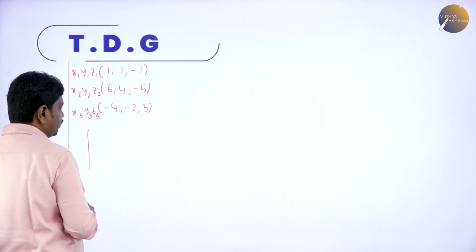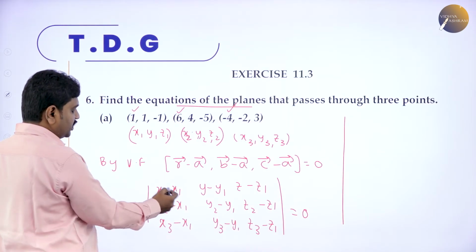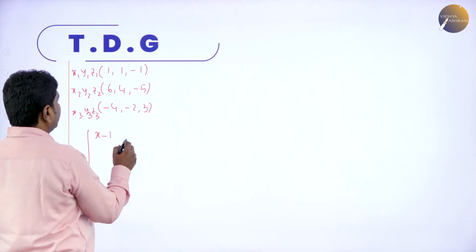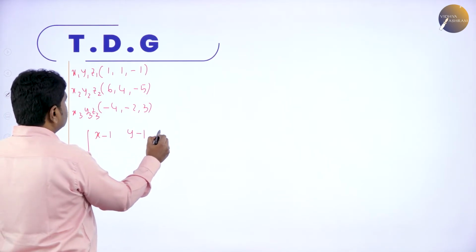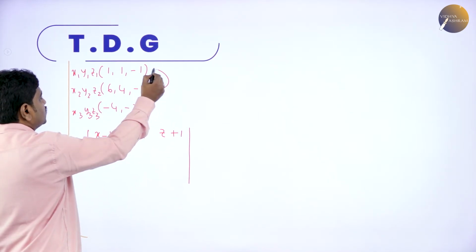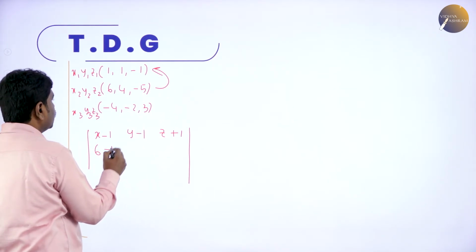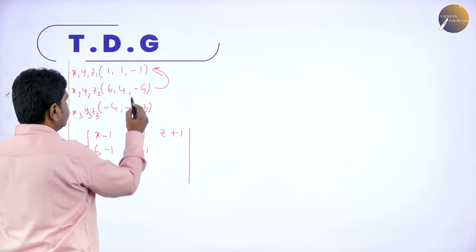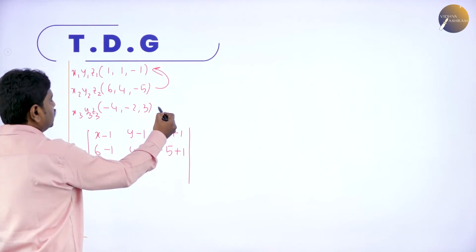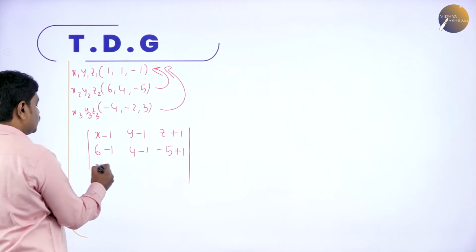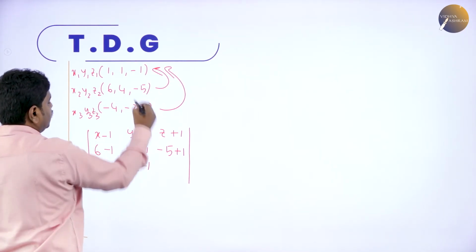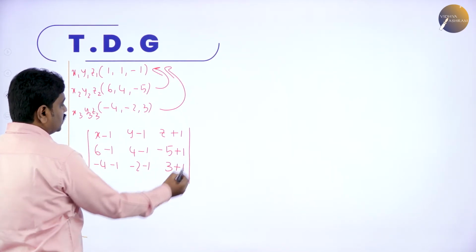Now the determinant with the formula I wrote: x minus x1, what is x1? 1. Then y minus 1, z plus 1. Then x2 minus x1 means 6 minus 1, then 4 minus 1, y2 minus y1, minus 5 minus of minus 1 becomes plus 1. Then z minus z1: minus 4 minus 1, minus 2 minus 1, and 3 minus of minus 1, 3 plus 1, is equal to what?